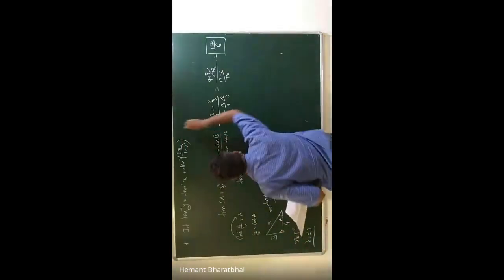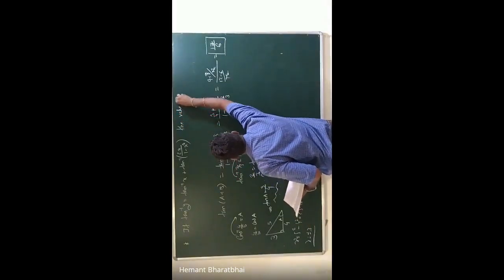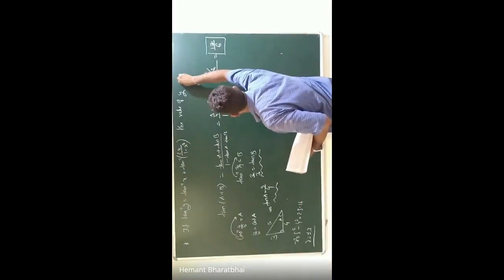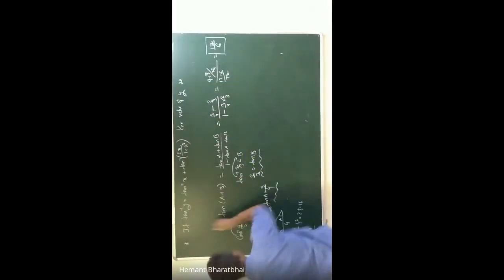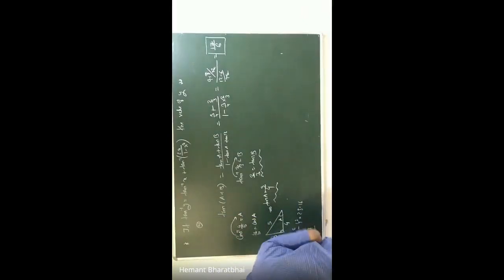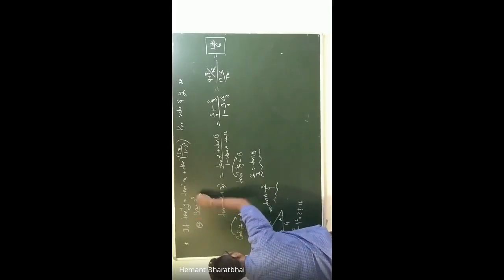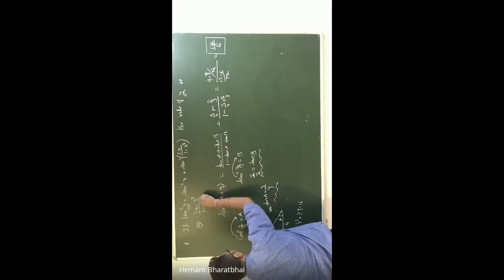Then the value of y is, option number A, 3x minus x cube upon 1 minus 3x square.